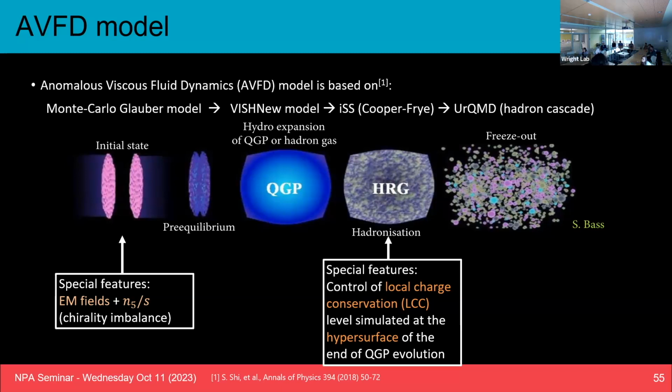Another special feature is at hydronization, on the hypersurface at the end of the hydro expansion, where you can add local charge conservation. This is the background. So this model lets you have the signal part and also the background part.